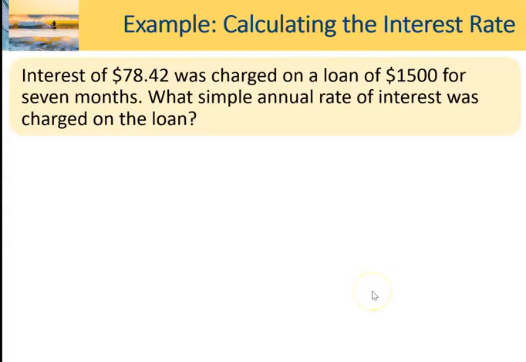Let's try this one. Interest of $78.42, so we have our interest, was charged on a loan of $1,500, so that's your principal, for 7 months. That's your term. What simple annual rate of interest, so there you need to know your R. Pause the video, give it a try.